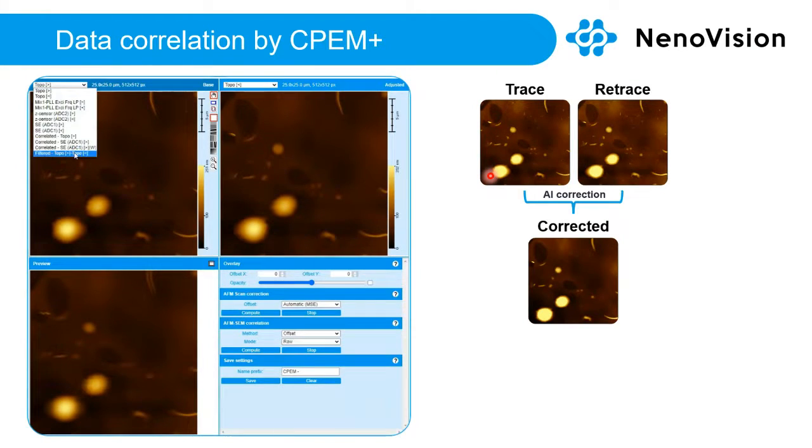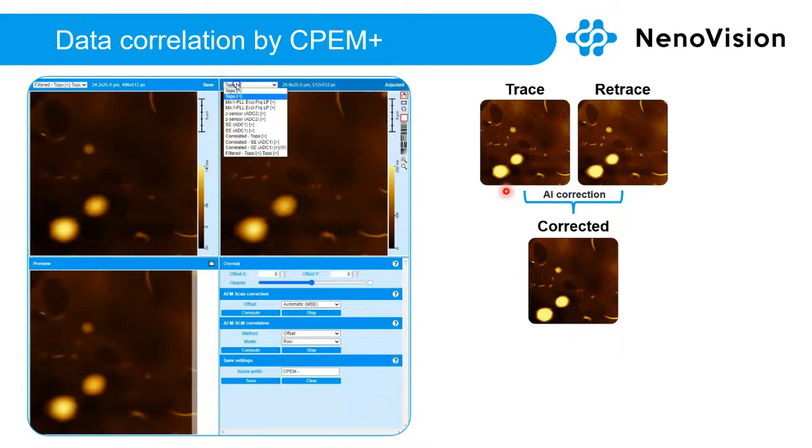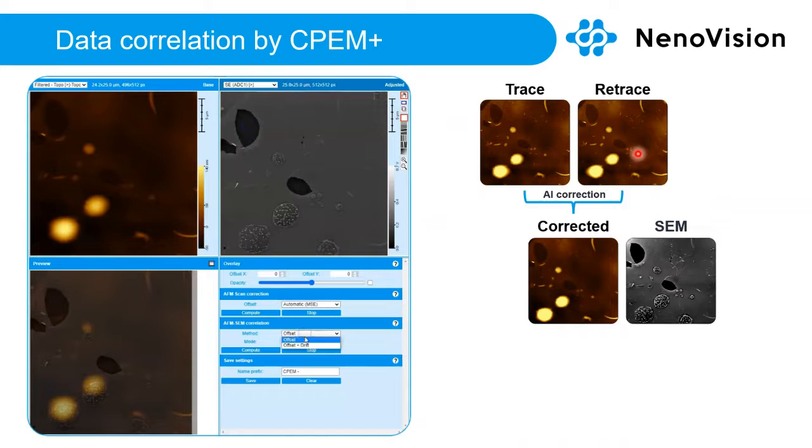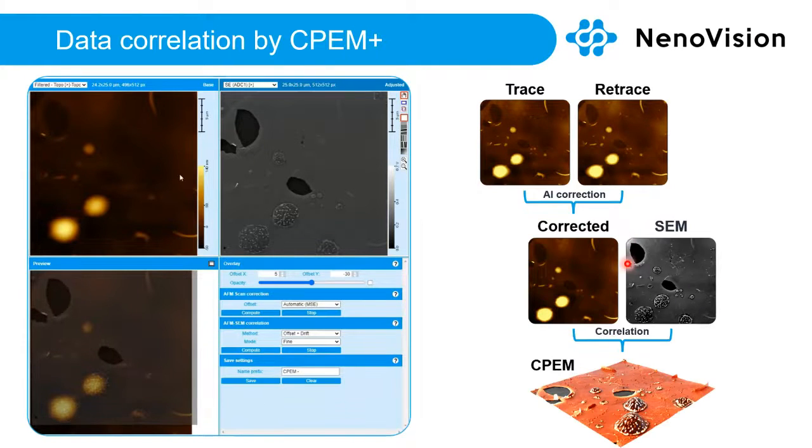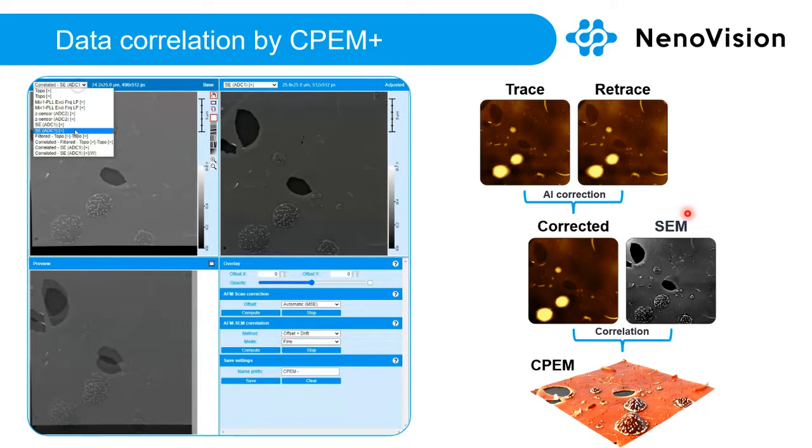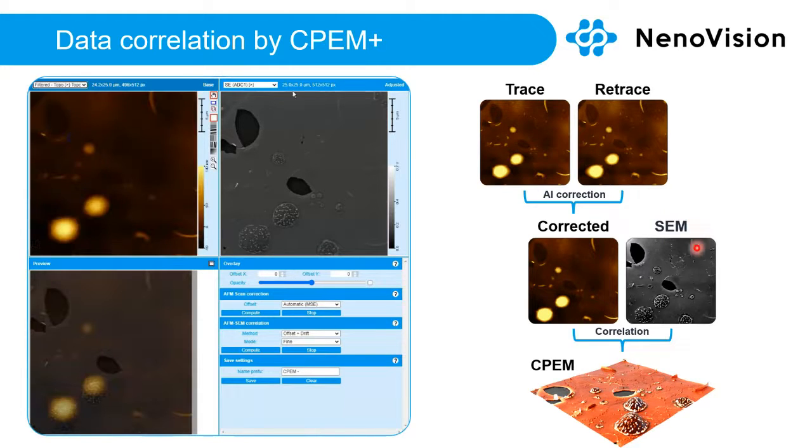Usually, first of all, if we have any incorrections in the data, we correct them by using artificial intelligence, by topography, and then we correlate the AFM signals with SEM signals or other signals which are there and obtain a correlated image.